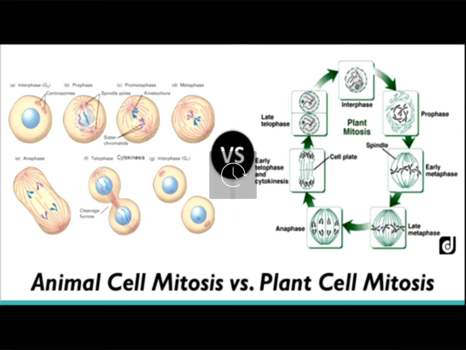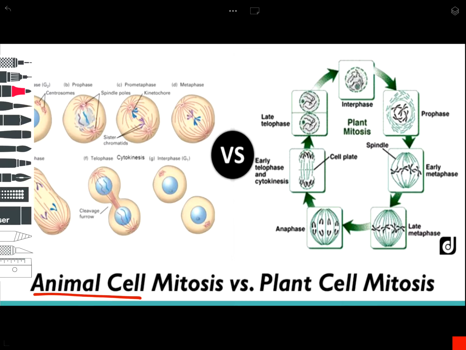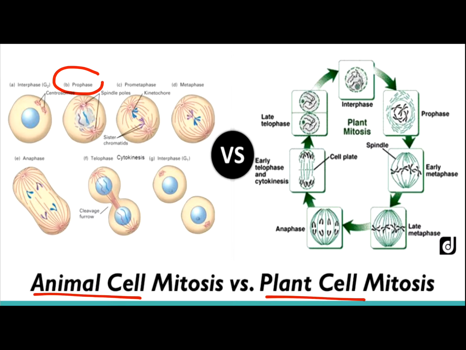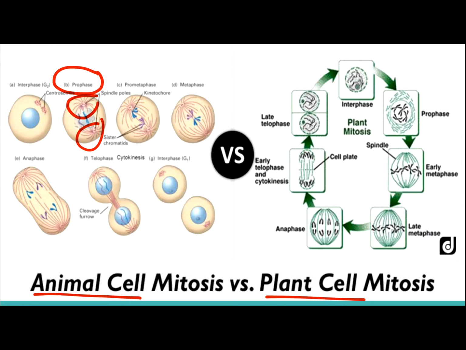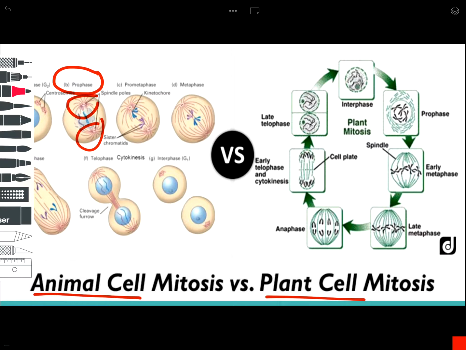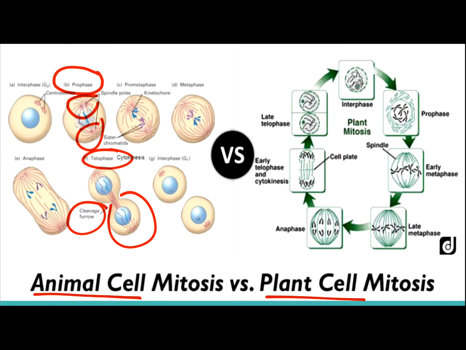Here is a diagram. On the left, we have an animal cell, and on the right, we have a plant cell. For example, as you can see, during prophase in the animal cell, there are centrioles making the spindle fibers, and in telophase, there is a cleavage furrow forming and pinching the cell.